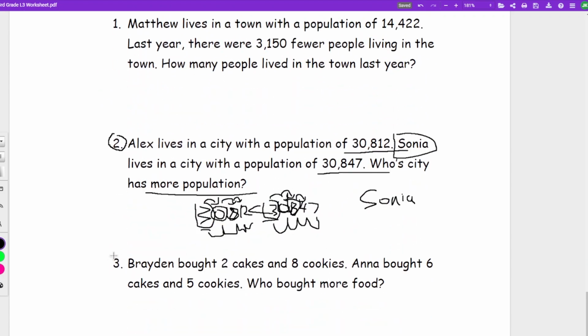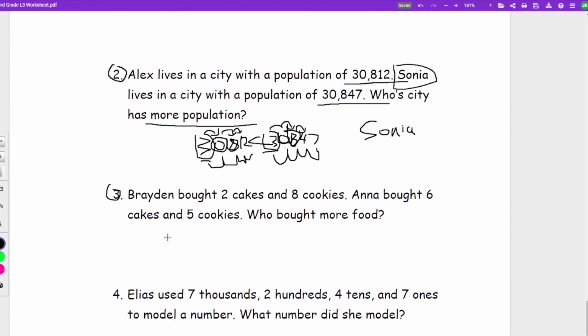Number 3, we can do number 3. Brayden bought 2 cakes and 8 cookies. Anna bought 6 cakes and 5 cookies. Who bought more food? So this is pretty simple. Brayden bought 2 cakes and 8 cookies. So 2 plus 8 equals Brayden.